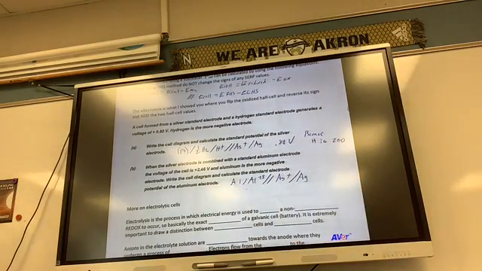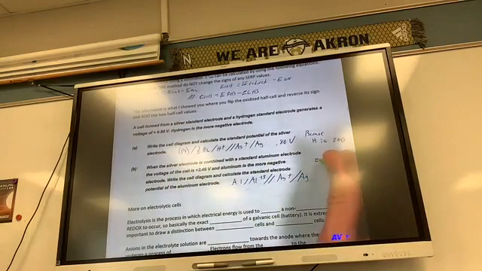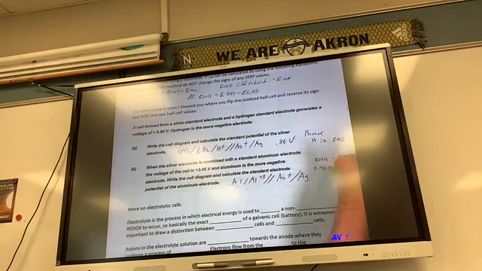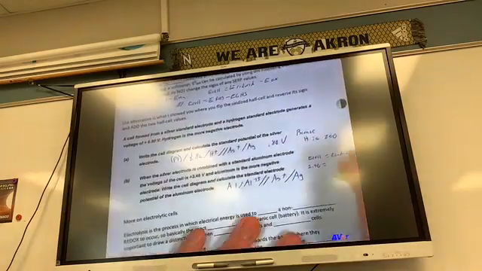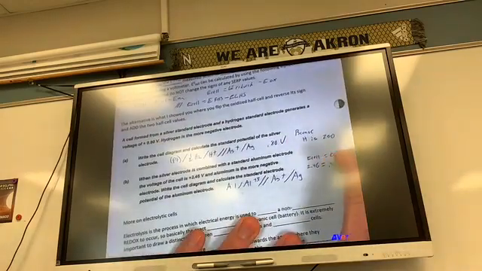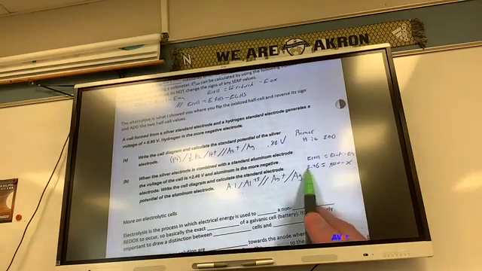I know that the overall is 2.46. So E cell equals E cathode minus E anode. So 2.46 equals, my cathode is silver, which we just had, is 0.80 volts minus X. So in order to get 2.46, that means that my answer is going to have to be a negative, right?